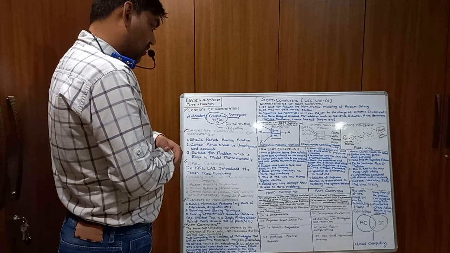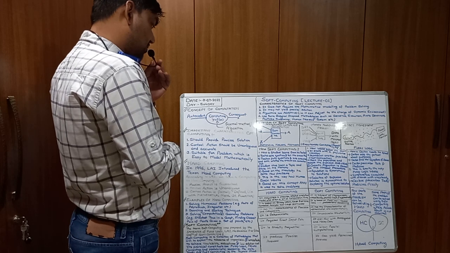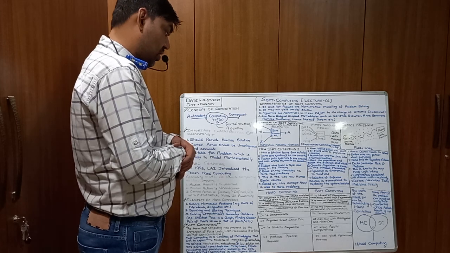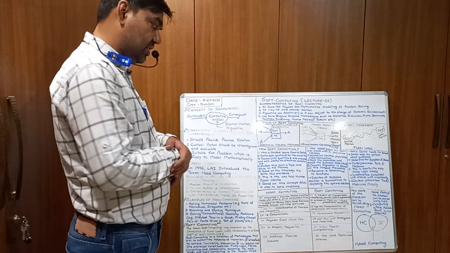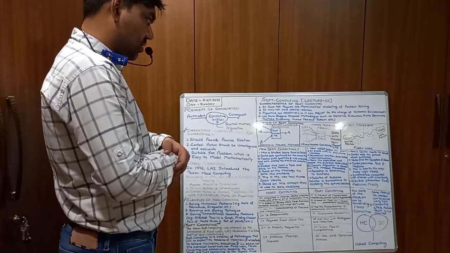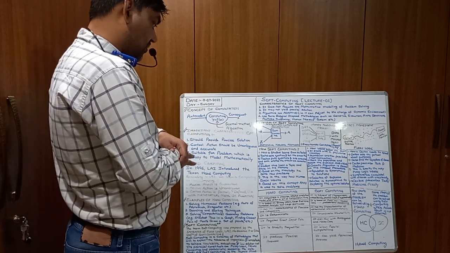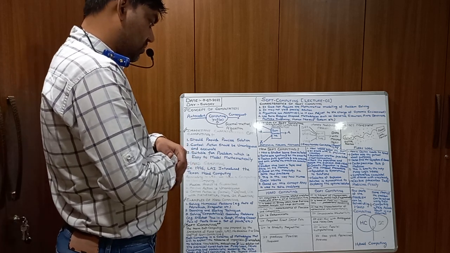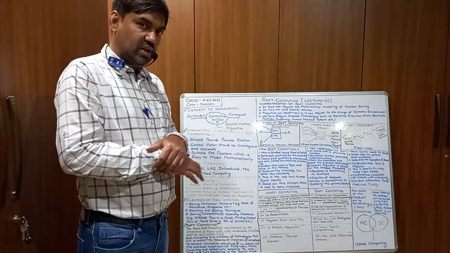In the words of Laz, soft computing is a collection of methodologies that aim to exploit the tolerance of imprecision and uncertainty. So you may see in the things written on the whiteboard, I have written tolerance of imprecision, uncertainty, tractability, robustness, and low cost solution in black.